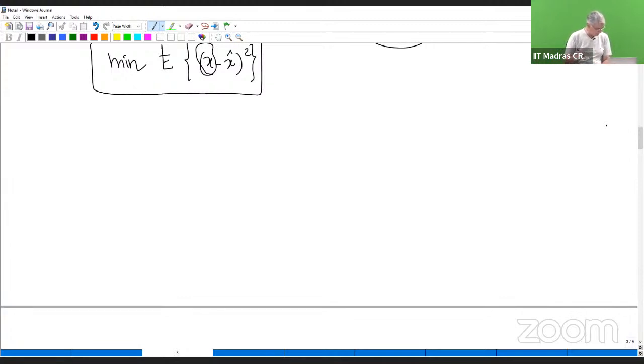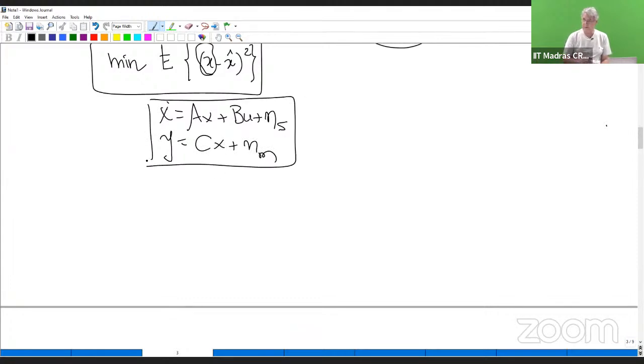In very general terms, if you have x dot equal to Ax plus Bu plus noise in the state, and this could even be a vector, and if you have y equal to a measurement, this is the more general form that includes the one you had before, then under certain assumptions, there's a filtering structure that actually minimizes this, let's call it the filtering error. This is the solution.